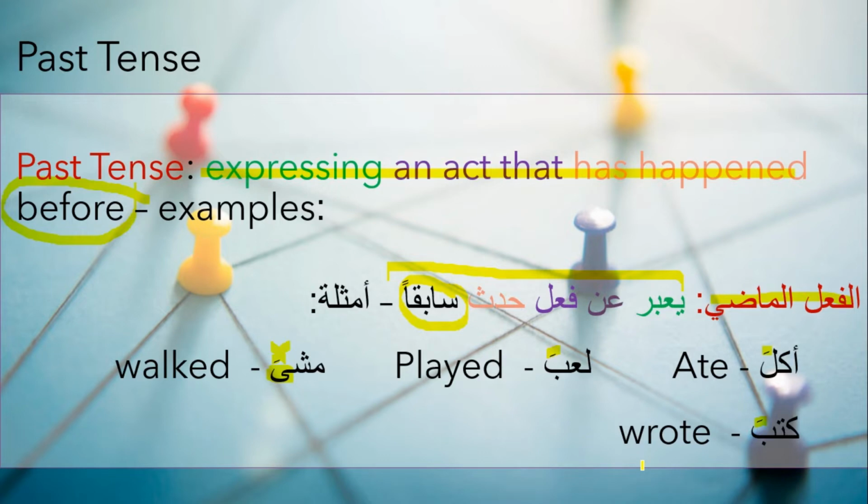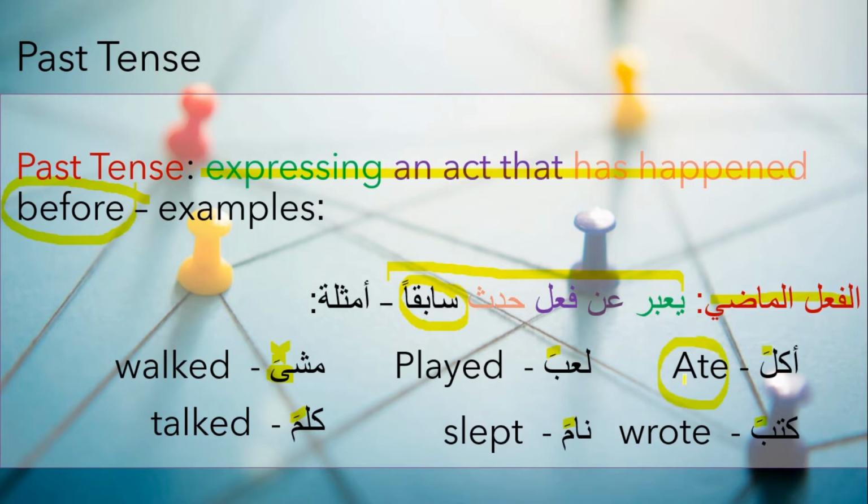All of the vowels are exceptional rules. كتب, فتحة again. نام, كتب, wrote. نام, slept. كلم, talked. So as you can see here in English language, sometimes we don't use ed to express the past tense. We use ate, for example. We don't say eated. We say ate, wrote, slept.